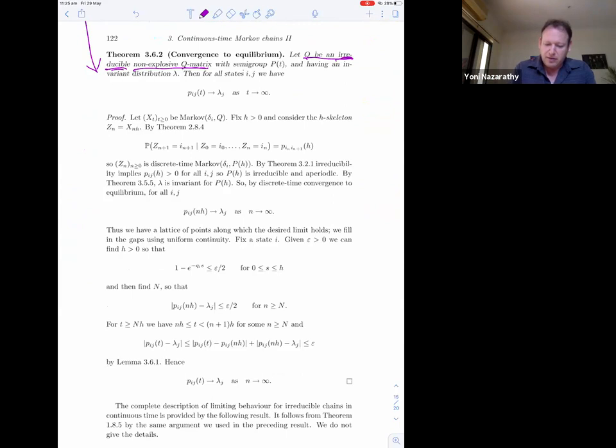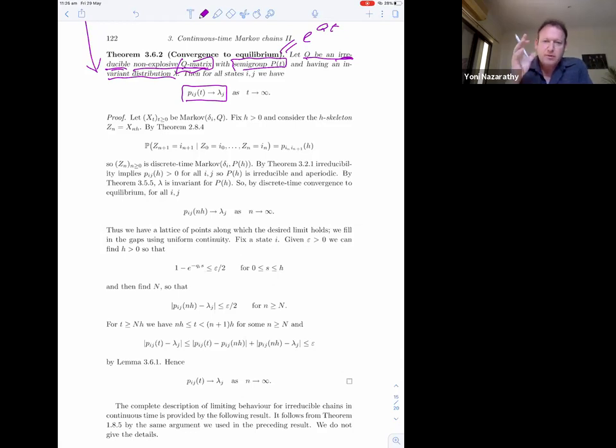The Q matrix semi-group P of t just means P of t is e to the power qt, and our invariant distribution is lambda. Then, and this is important, Pij(t) converges to lambda j. First of all, you converge to the stationary distribution.